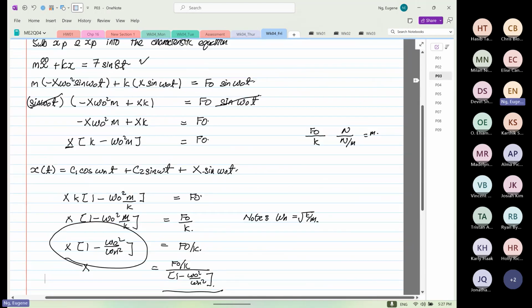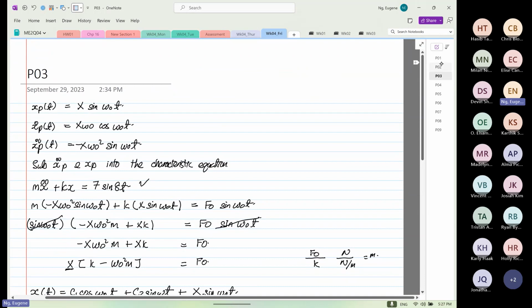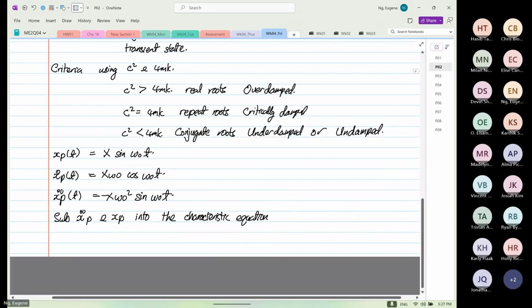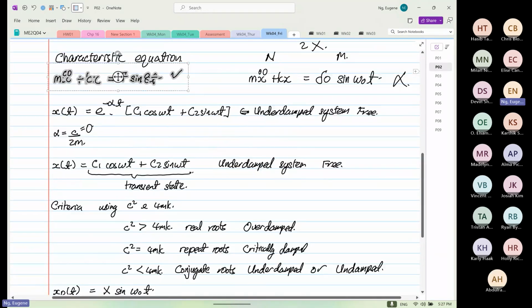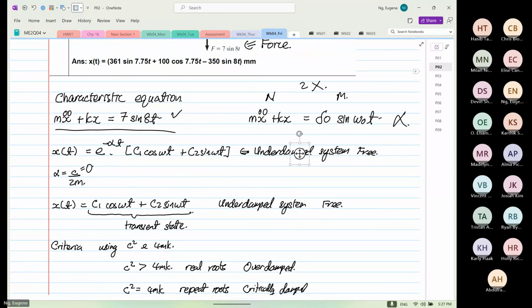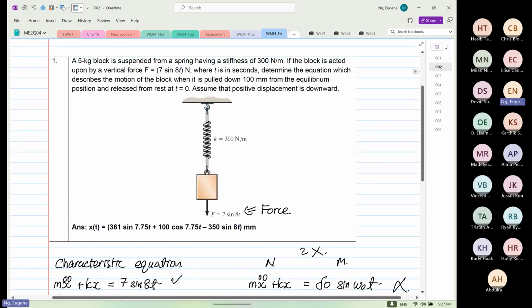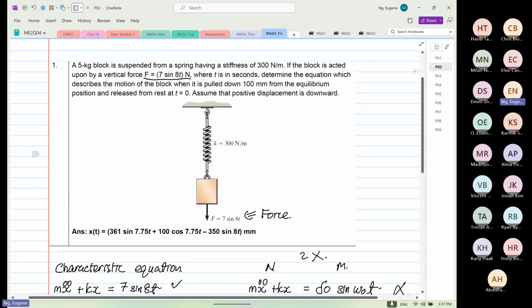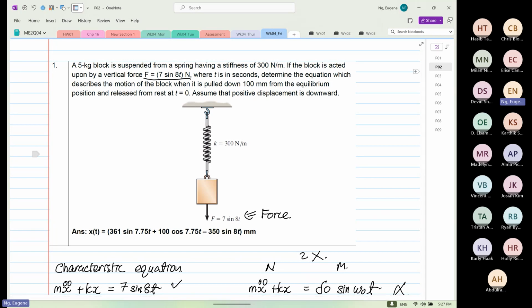Oh, where's the characteristic equation? Yeah, wait, you mean this one? Yep. So for this question, it's a force. It is a displacement. You have to be really, really careful.